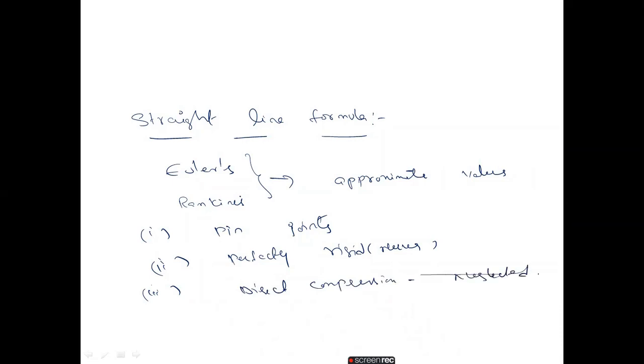The fourth reason is the load is not exactly applied as desired. The fifth one is the members are never perfectly straight and uniform in the section.